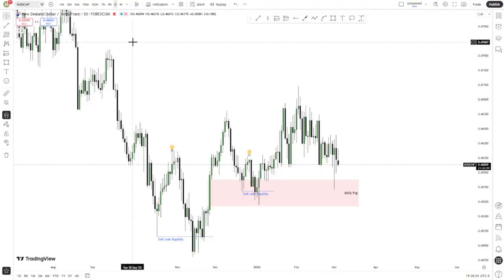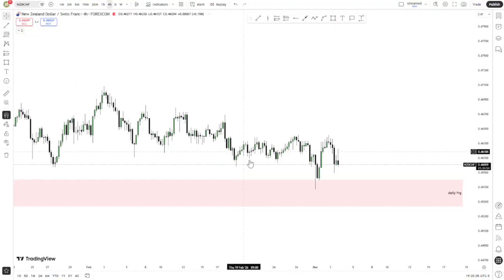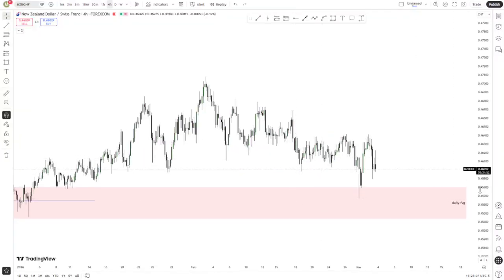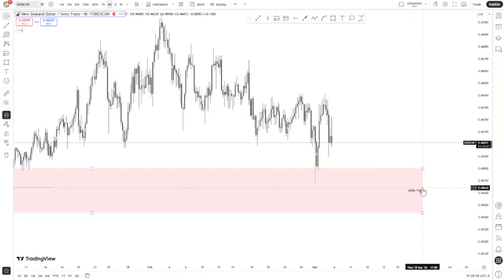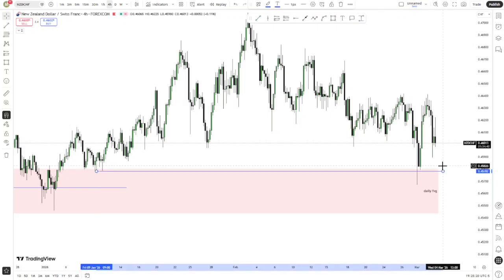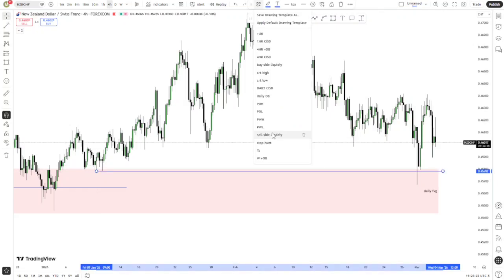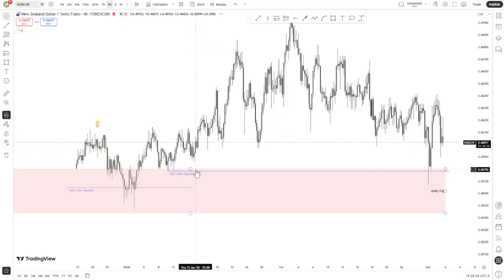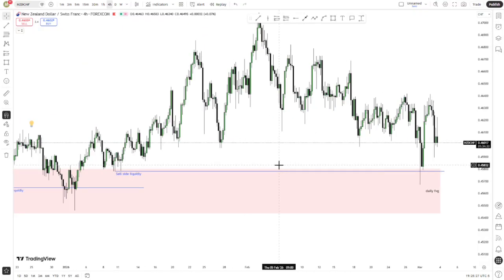So now I'm going to go from the daily time frame to the 4-hour time frame. On the 4-hour time frame, this is where you see it more clearly. Price just swept this liquidity below here. This is sell side liquidity, right?